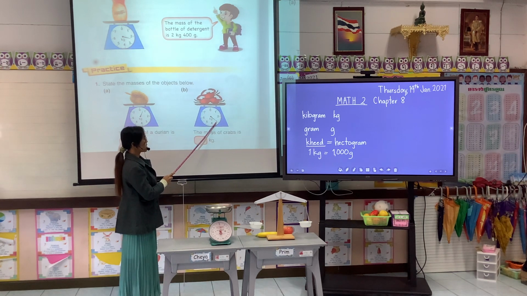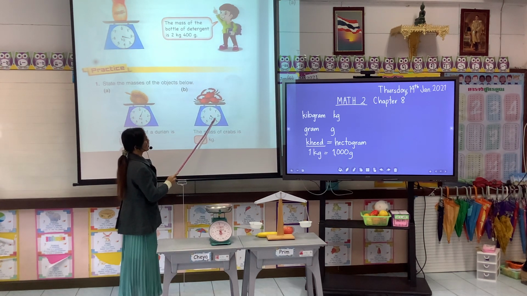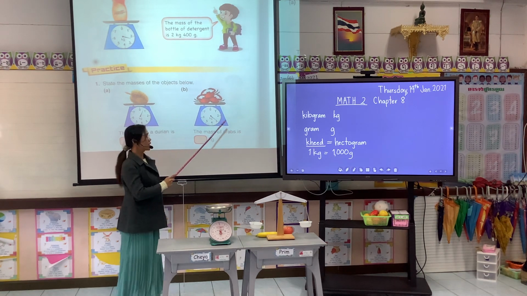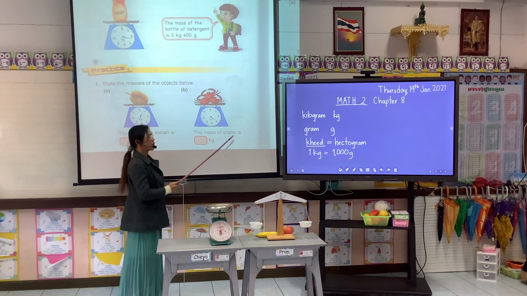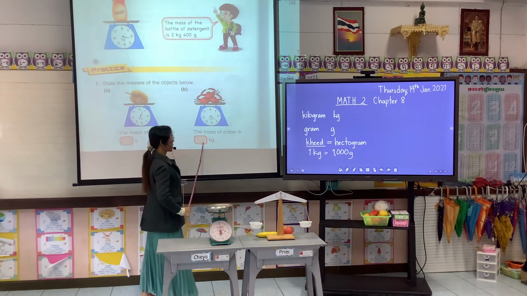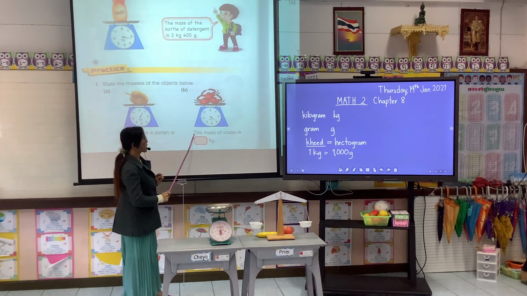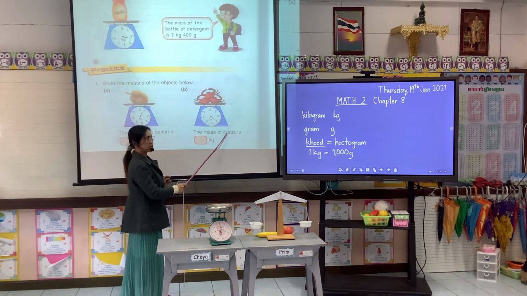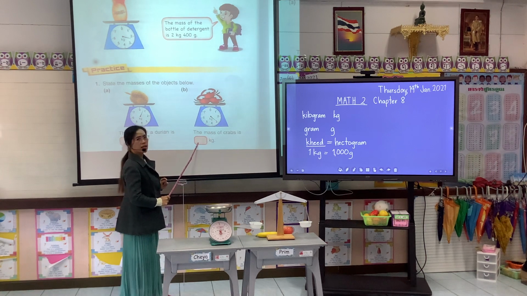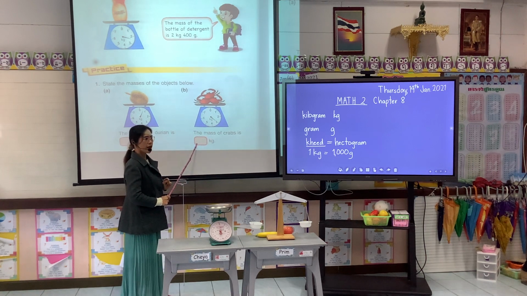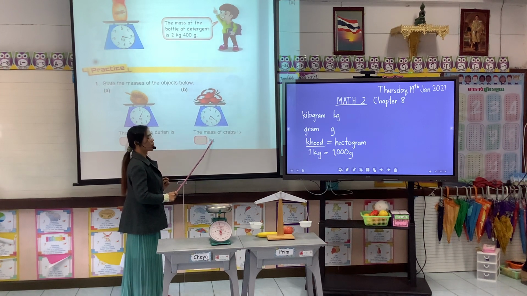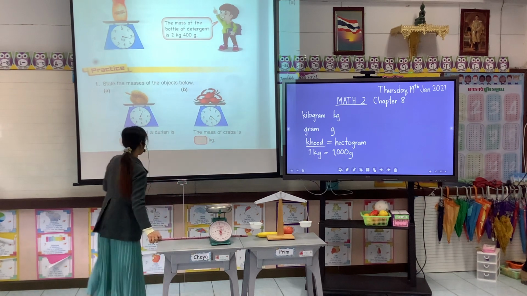The pointer points at 3, which means more than 1 kilogram. It is heavy, so we're going to use kilogram, kg. So the mass of the crabs is 3 kilograms. We say kilograms because it's plural, more than 1.